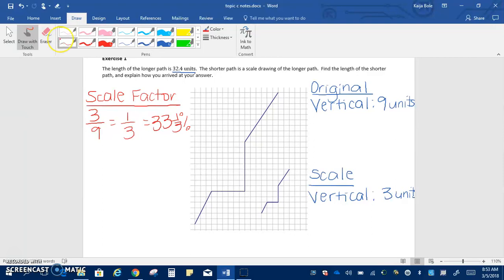Okay, so now if we want to find the entire length of our scale drawing, we're going to take our original that we had, which was 32.4, times our 1/3. We could change that percent to a decimal, but we're going to keep it as a fraction, and we would get 10.8 units. And that's our answer.